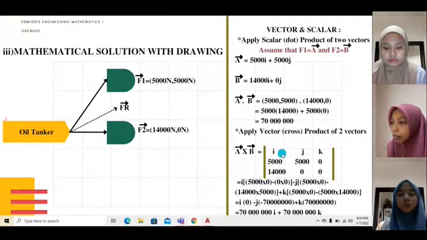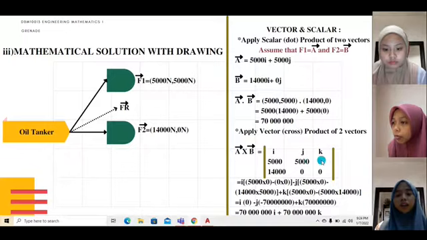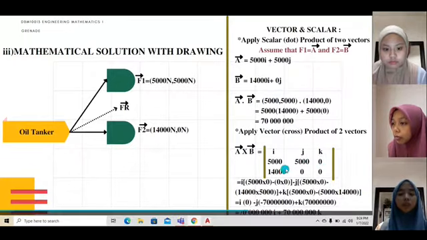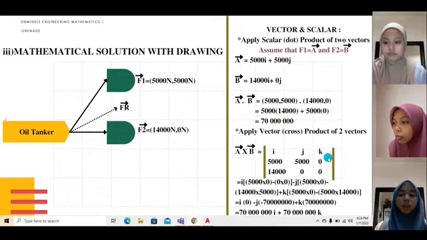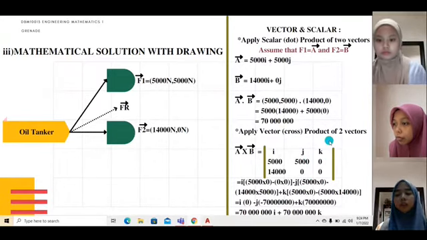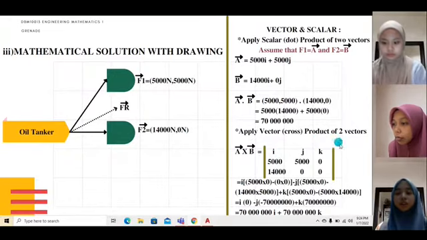For the application of the vector cross product of two vectors, we have vector A cross vector B, and we will do it like a determinant for i, j, k. For the i column, we have 5,000 and 14,000. For the j column, we have 5,000 and 0. And for the k column, we have 0 and 0. This is actually for 3-dimension vectors.